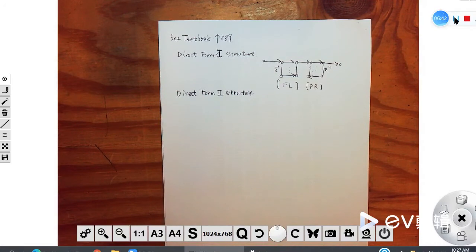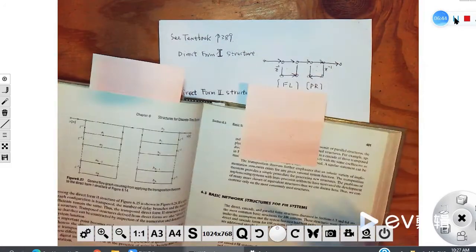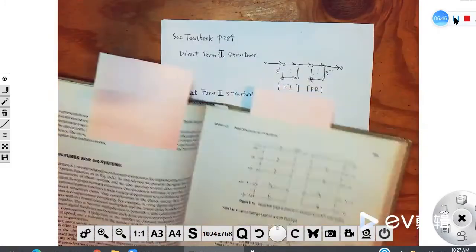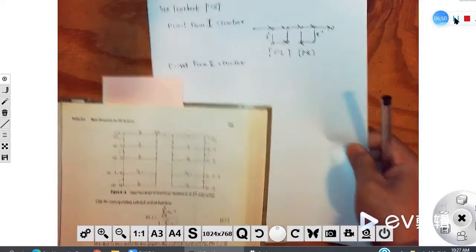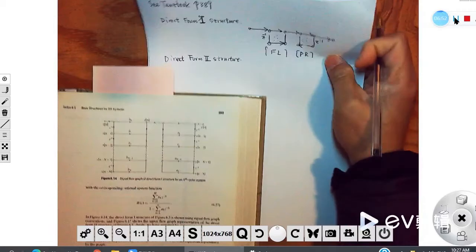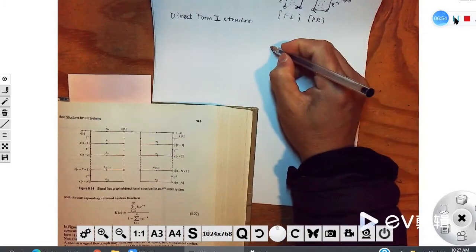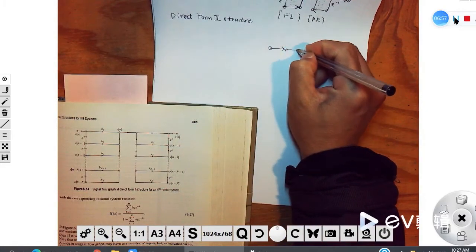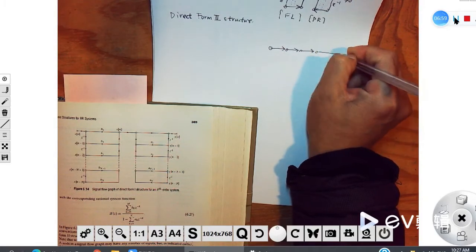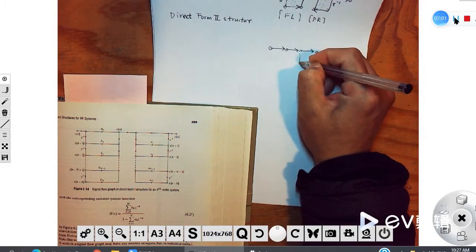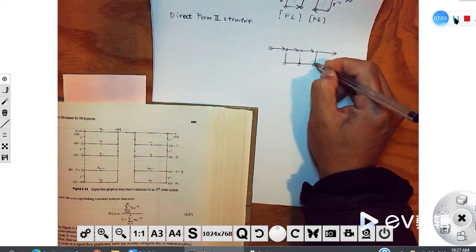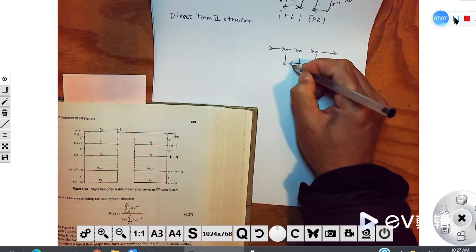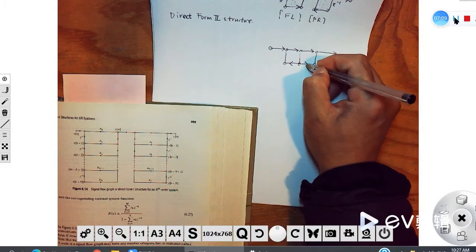This also can be from the textbook, same page. And the direction: it has a backward, it has a forward, and the delays in the middle.